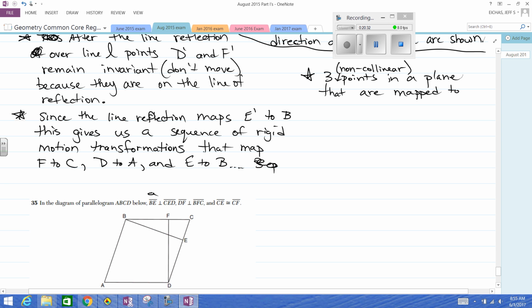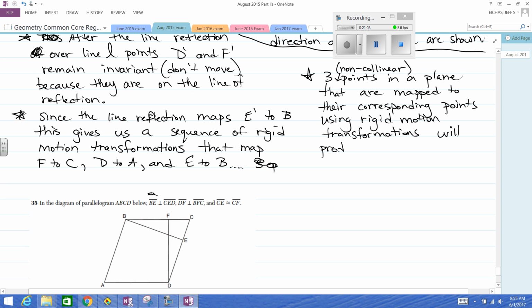F, D, and E are non-collinear points that are mapped. 3 points in a plane that are mapped to their corresponding points using rigid motion transformations will produce an image that is congruent to its pre-image.